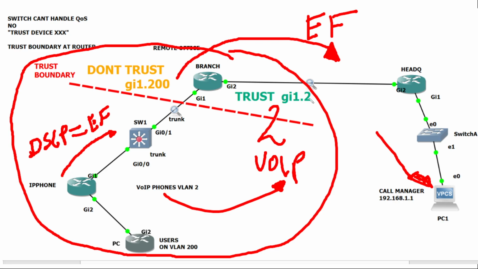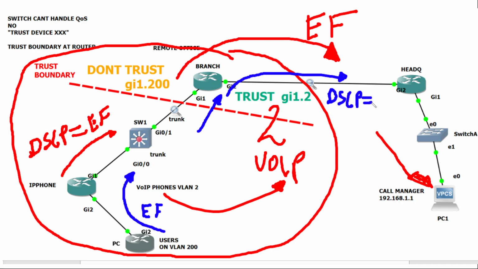However, we also want that if the user sends traffic marked, for instance EF, because they want to gain access to expedited forwarding and guaranteed bandwidth, we want this router to be aware of that and then remark the traffic, set it to DSCP of 0.